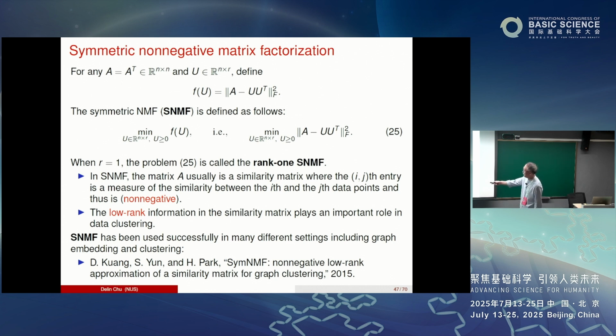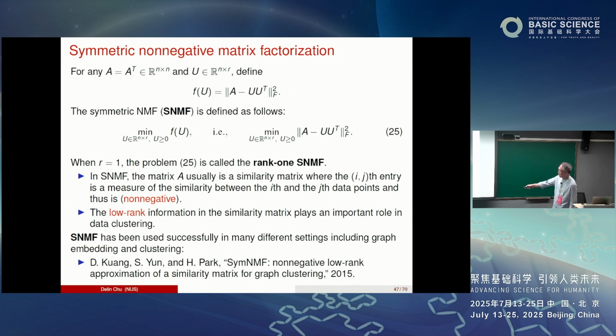In symmetric NMF, the matrix A usually is a similarity matrix, where the ij element is a measure of the similarity between the ith and jth data points, and so is non-negative. Also the low rank information in the similarity matrix plays a very important role for data clustering.